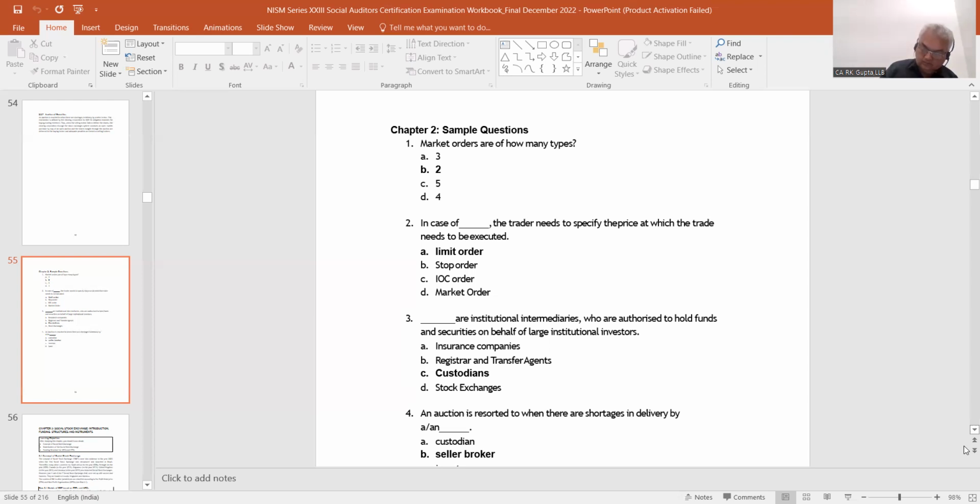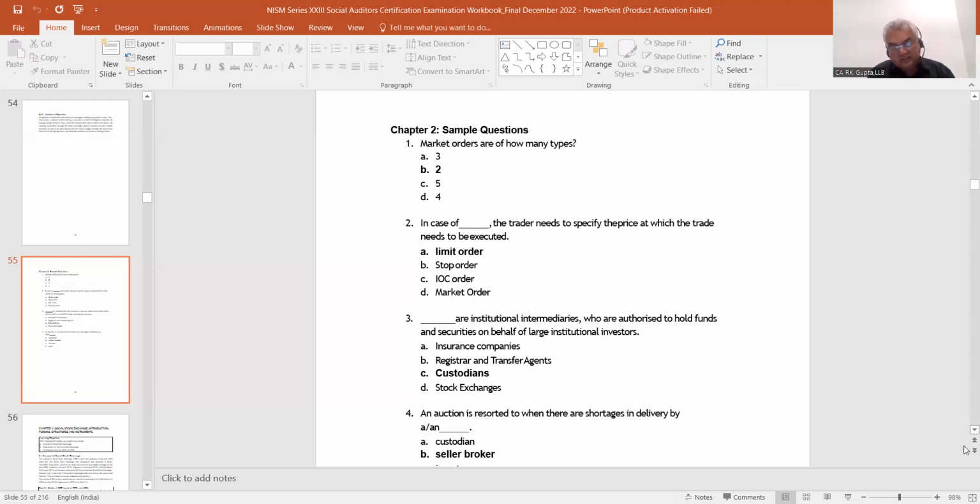Custodians. Several custodians are also clearing members and clearing banks of the exchange, and they manage both funds and securities settlement.